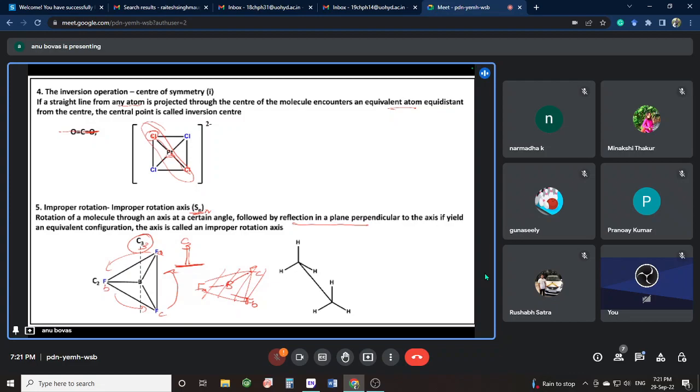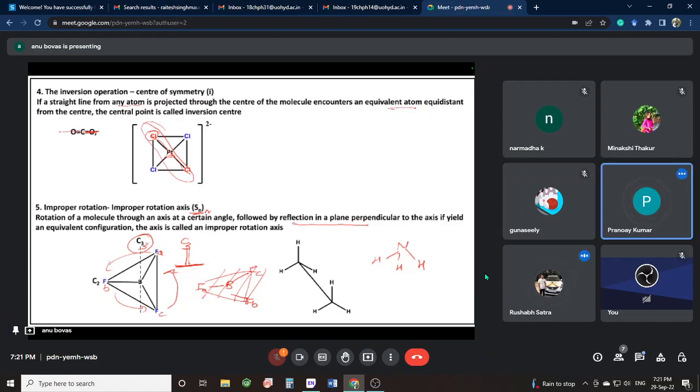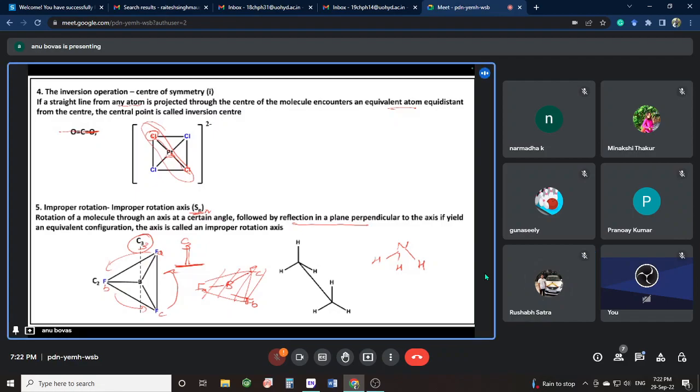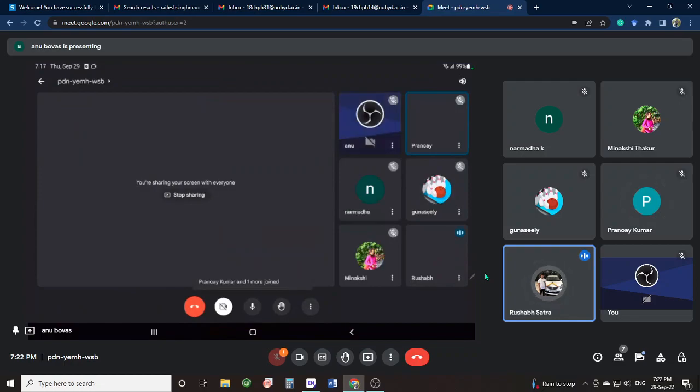If I ask you NH3, what is the rotation axis present in this molecule? C3. I can't hear you.